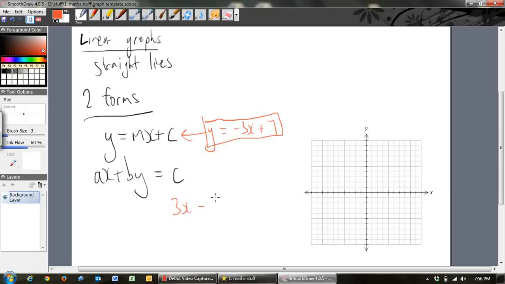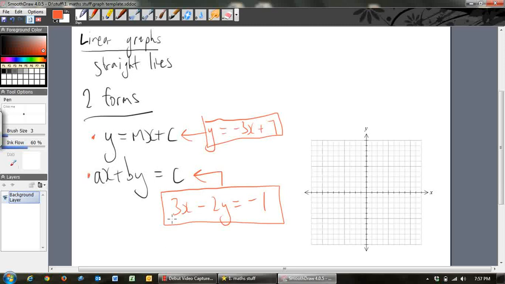Similarly, if you've got something like 3x - 2y = -1, that is of the second equation's form. There's some number in front of x, plus some number in front of y, in this case -2, equal to some number, and that will also be a straight line because it's in this form here.